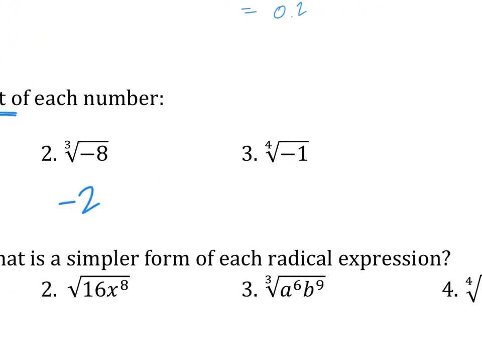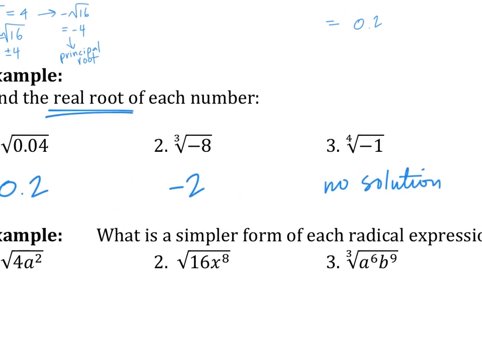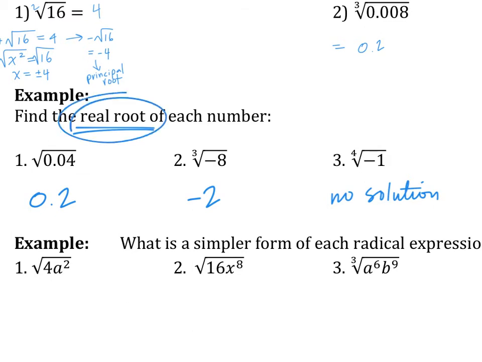Negative 1. No solution. Okay, they want the real root. There is no way to get a negative 1 by taking a number and multiplying by itself 4 times.